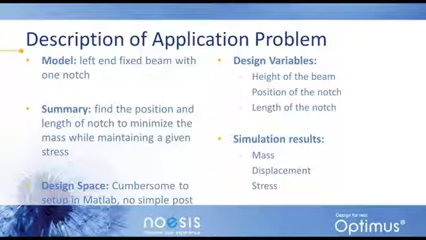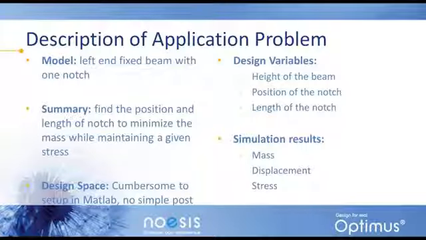We do want to minimize the mass of this beam while staying under a particular stress value. The program has been created inside of MATLAB with a number of design variables, including the load, the anchor location, and things like that.